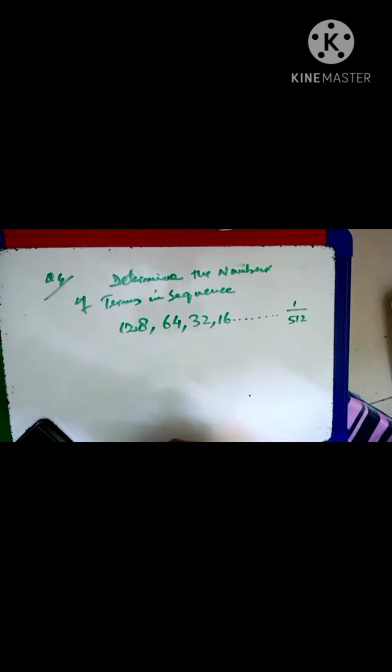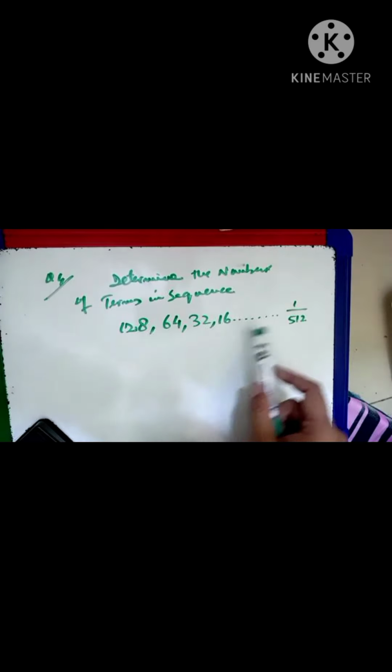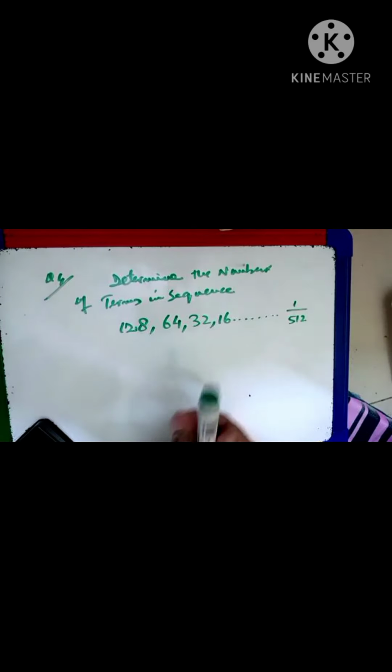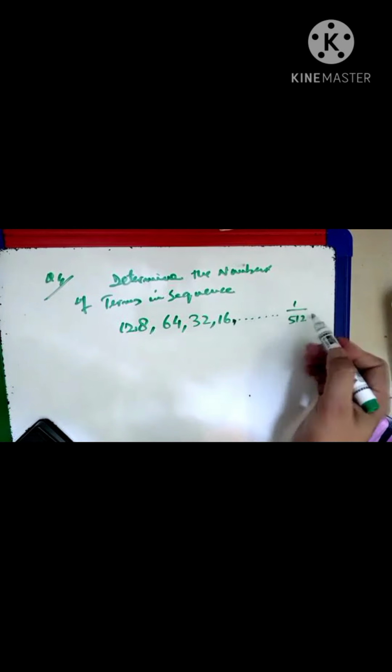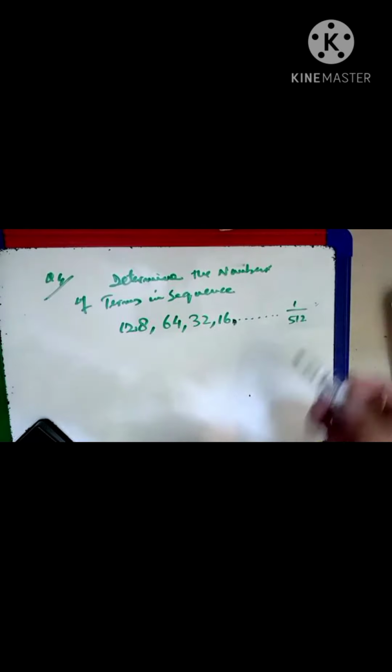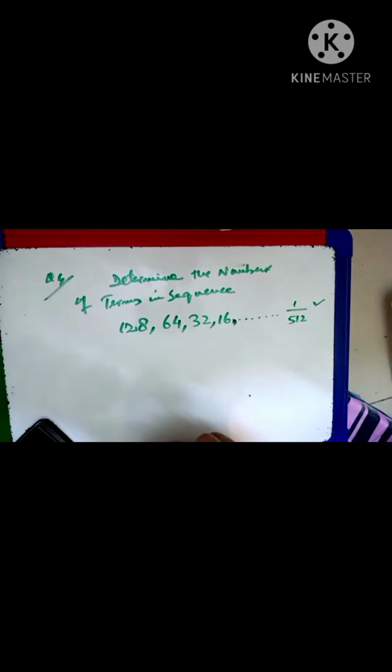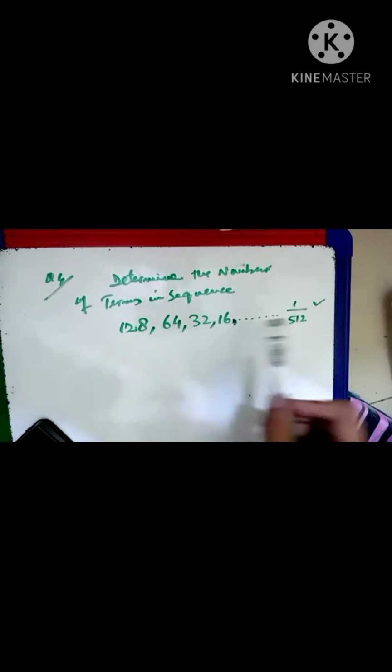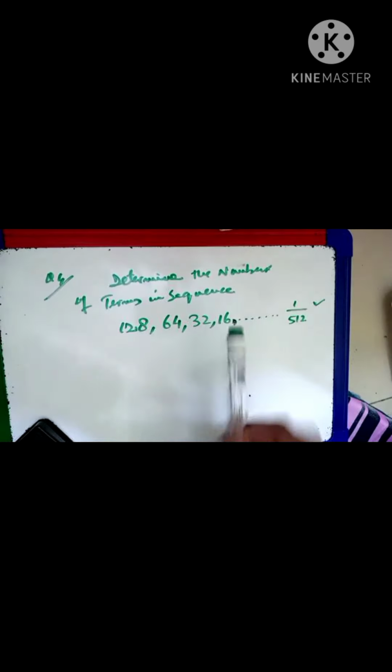First of all, you will find how many terms are in this sequence, because some of the terms over here are missing, and the last term is given. Everything is given. You will find the total number of terms in this sequence, and then the sum of this sequence.